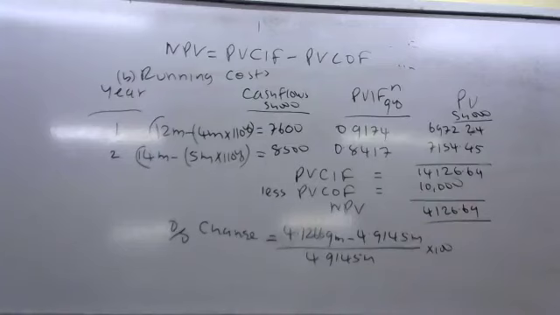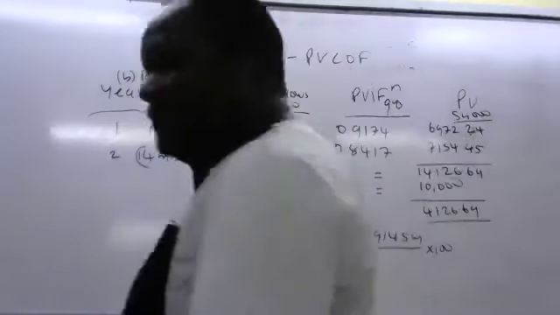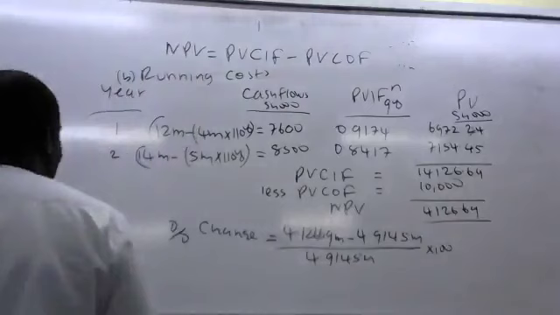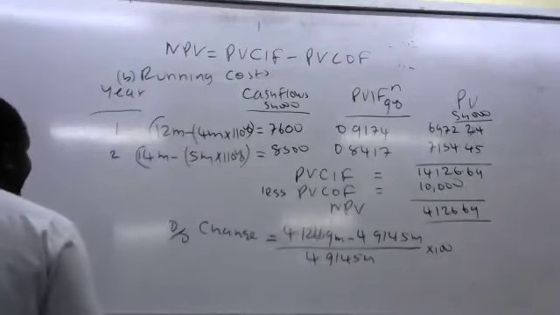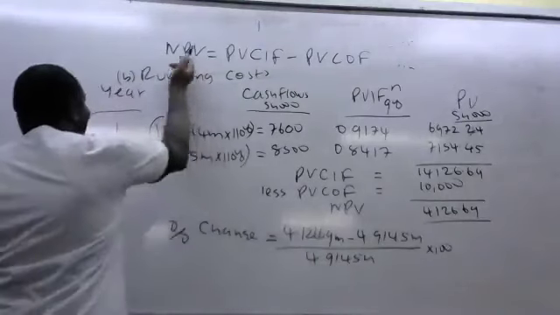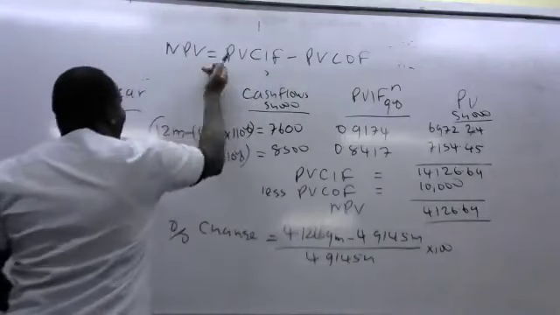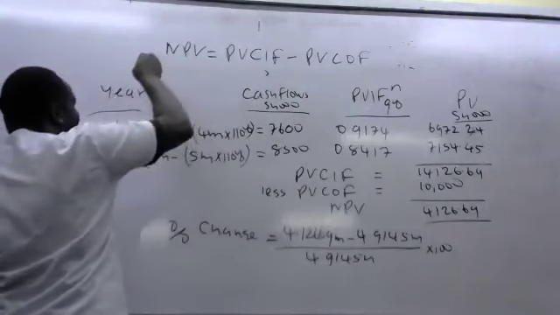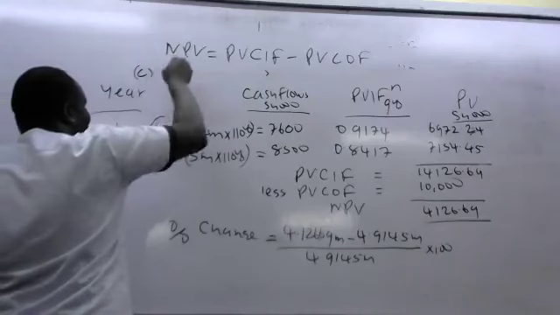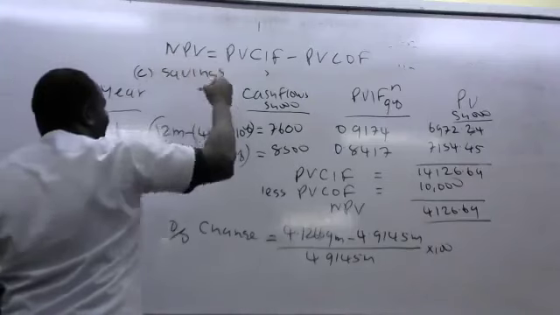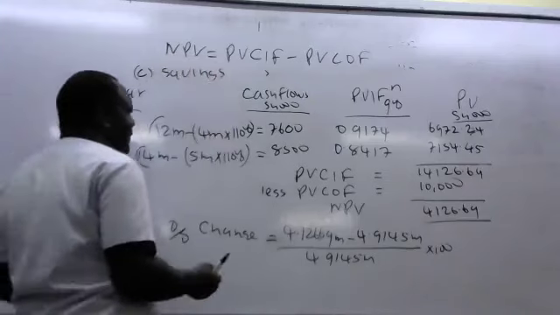The next one was which item? Savings, it cannot be a cost. Savings is a revenue. So we now check the services.